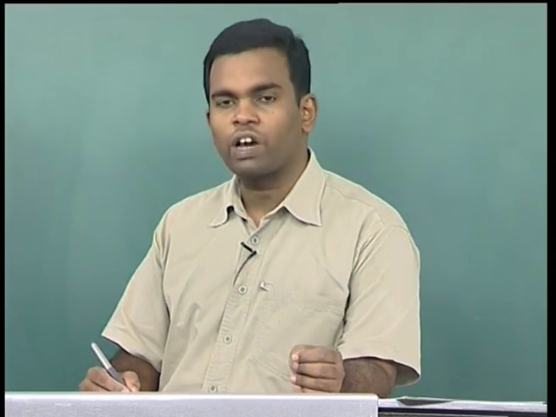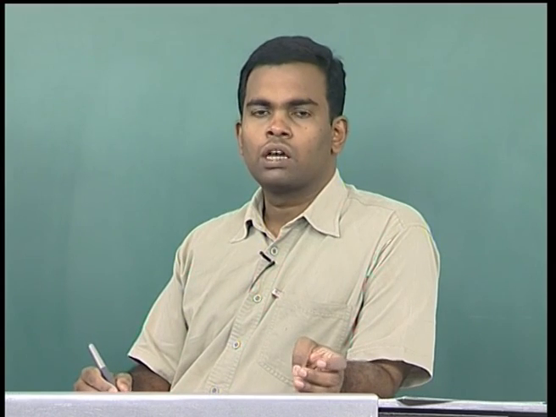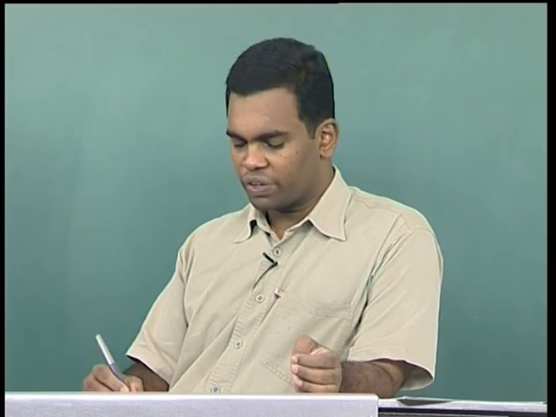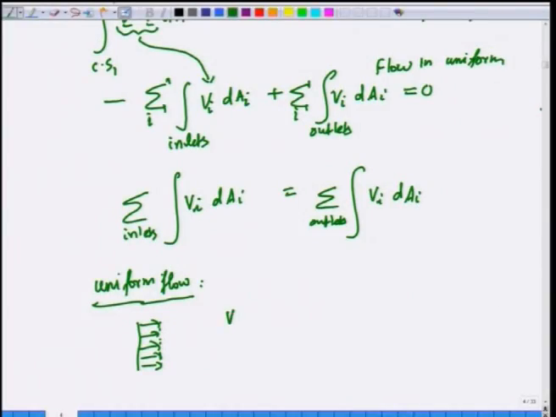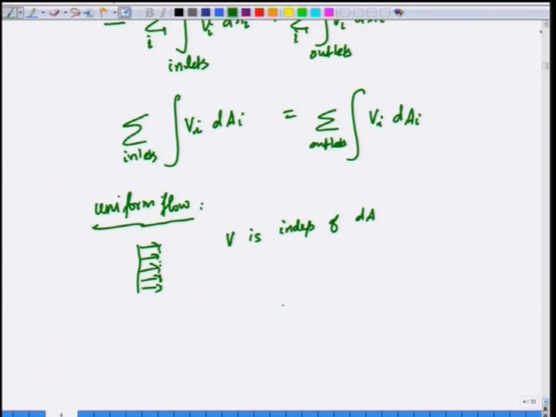As a matter of convenience, in many simplified settings one may think of the flow to be uniform. In such cases V is independent of dA. So you can pull it out, and the integral of dA over the control surface is simply A.